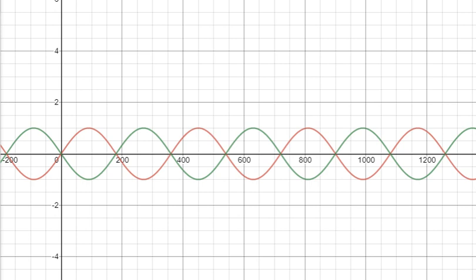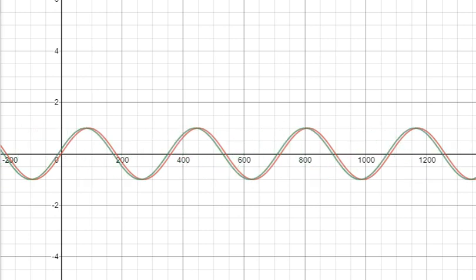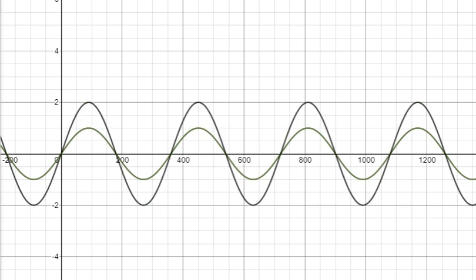Now let's see, if I start moving my wave forward. Let's move it 180 degrees forward. When I move it 180 degrees forward, it is overlapping, and you can see that the amplitude is adding up.